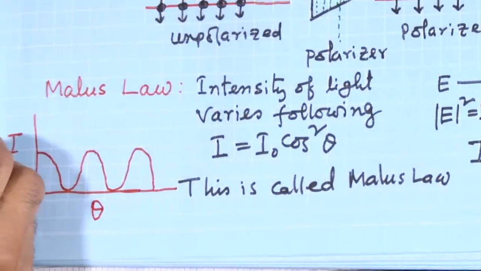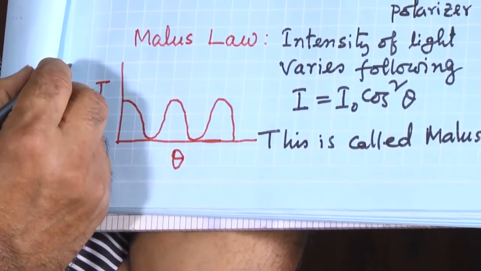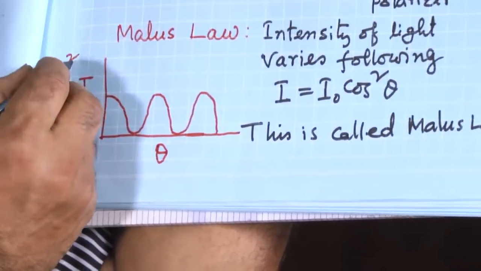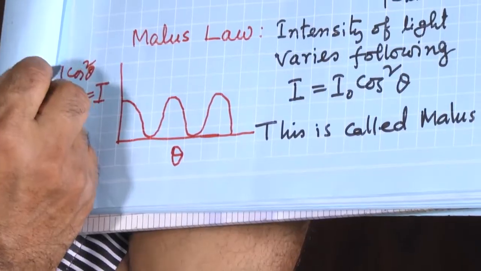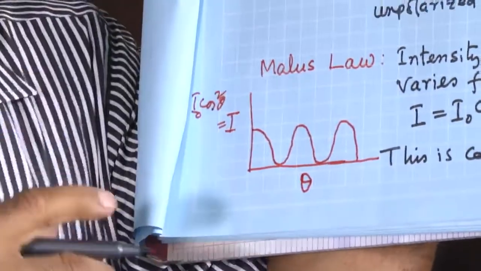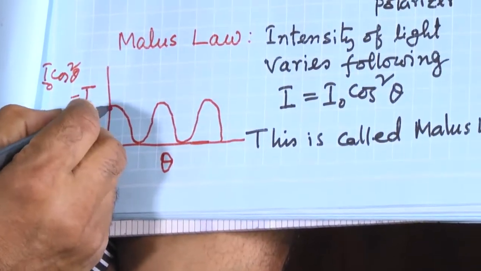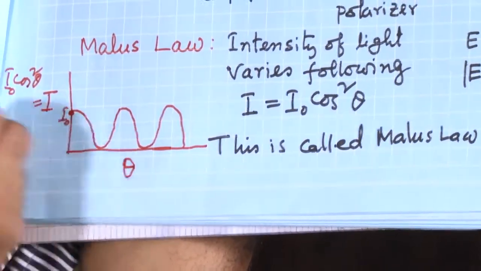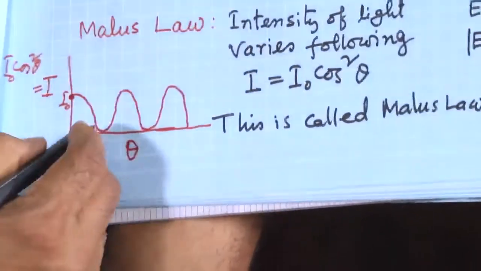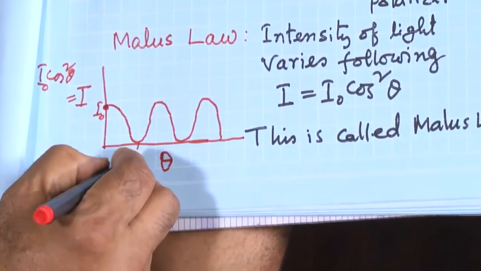So this I is basically cos square theta with some initial I0. When theta equals 0, this value is basically I0.